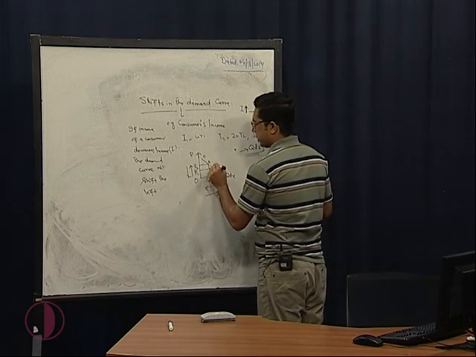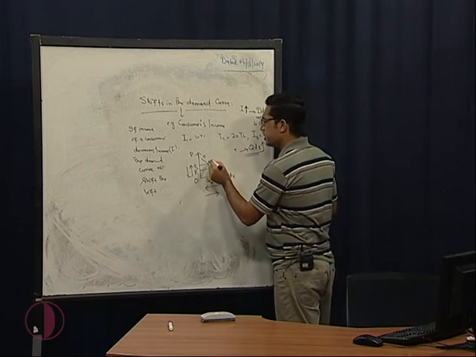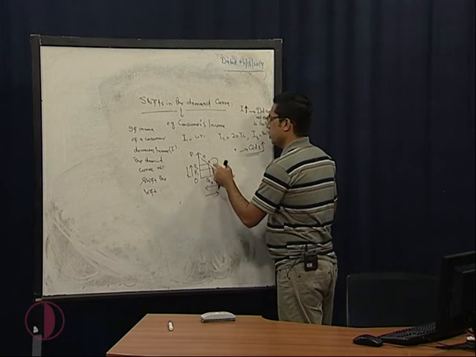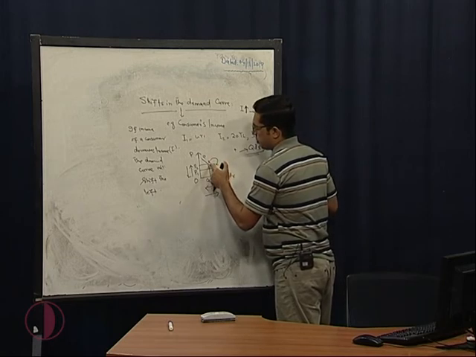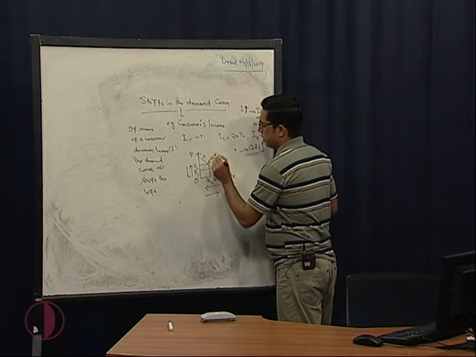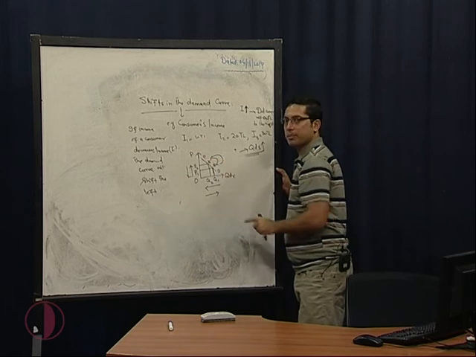Suppose this is point A, this is point B, for example. The consumer will come from point A to point B or point B to point A. There is no shift in the demand curve.